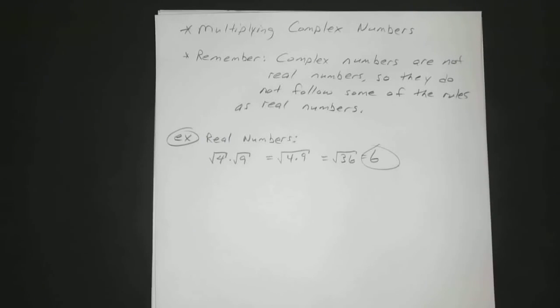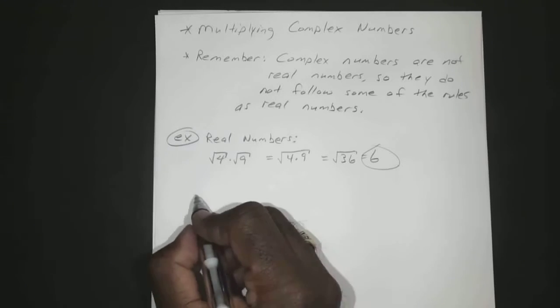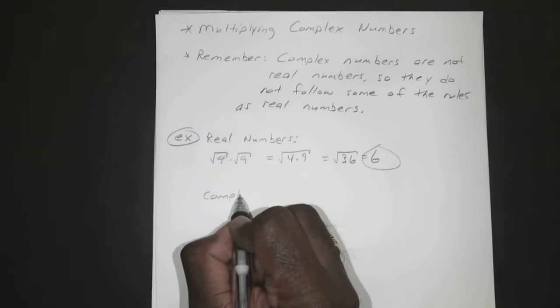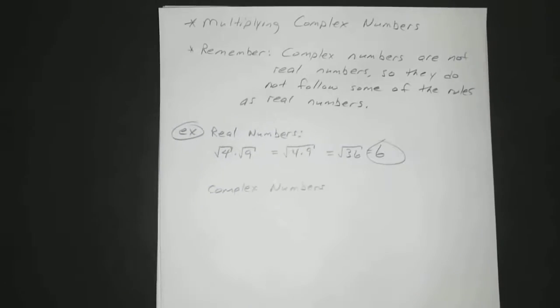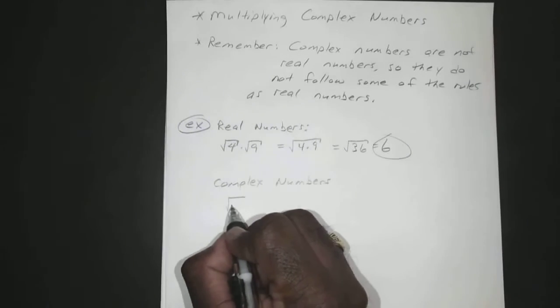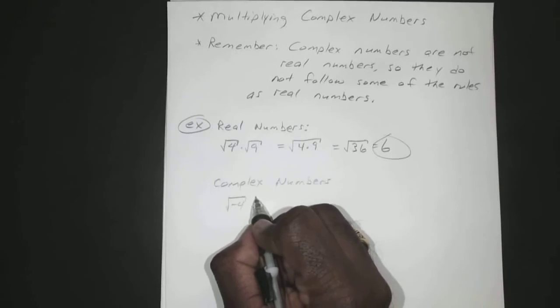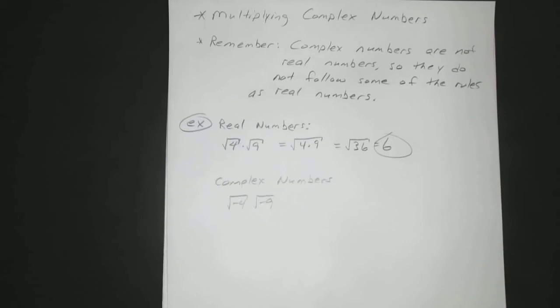Okay. So this wouldn't work for complex numbers. So if you did that for a complex number, so let's say if you have square root of negative 4 times square root of negative 9.